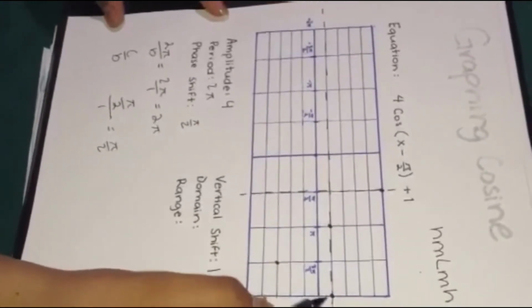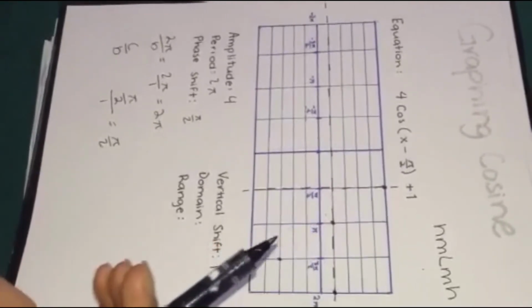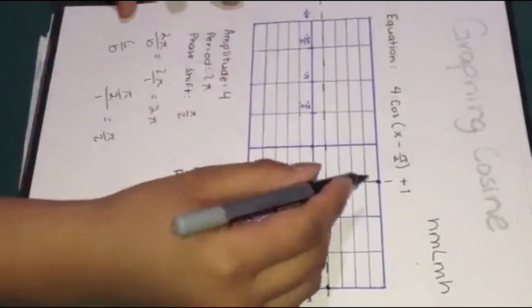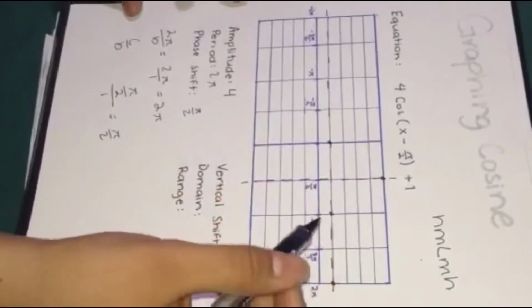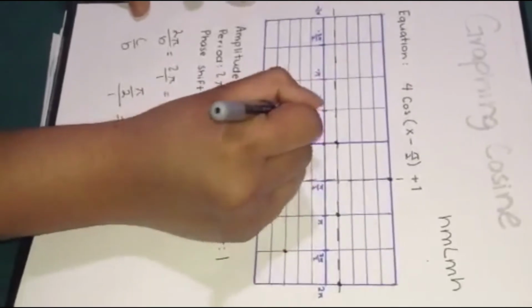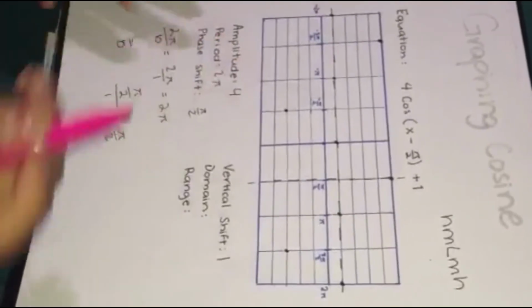So our cycle did not end at 2 pi, it will end further. Now we can complete it from the other side. So we can go back to the middle and then to our lowest point, back to the middle, to the highest point, and then to the middle. And now we can draw in our line.